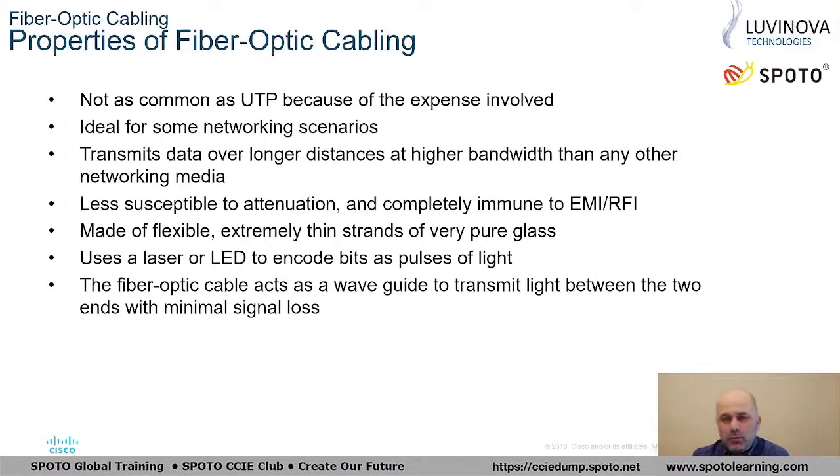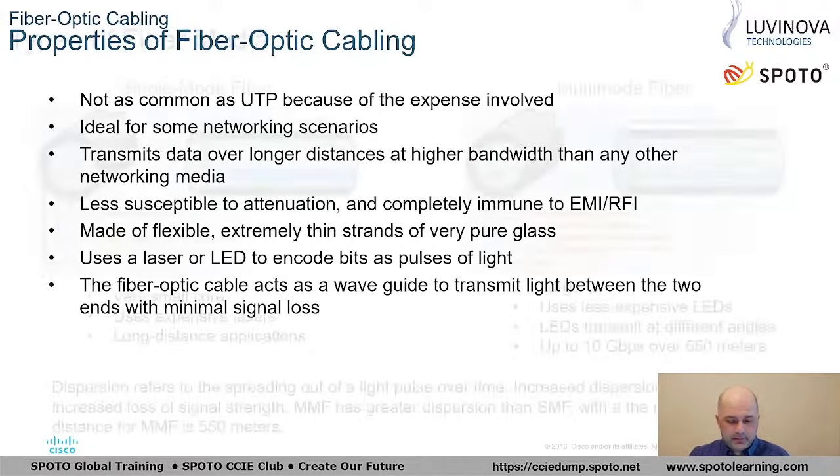Some are cheaper than others, which is why one fiber optic has somewhat worse characteristics than other fiber optics. We're going to talk about it a little bit later. That's why they use two types of light pulse source: LED or laser.